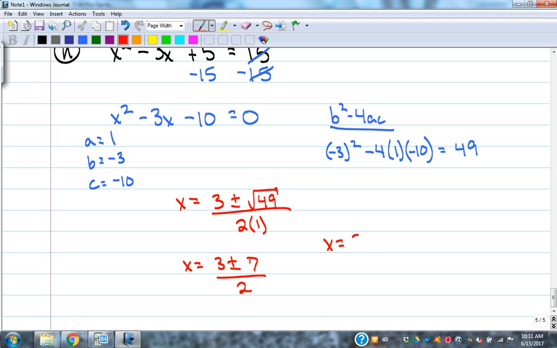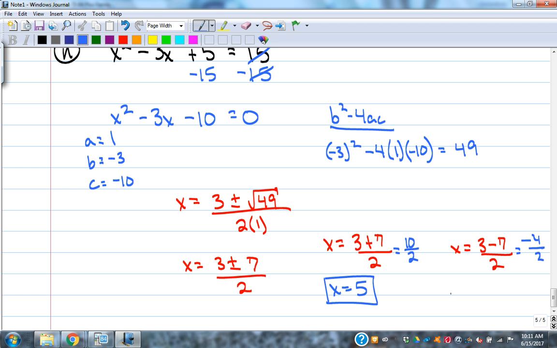We could have x equals 3 plus 7 over 2, and x equals 3 minus 7 over 2, and simplify those. Because that would be 10 over 2, and 10 divided by 2 is 5. Yay. And then 3 minus 7 is negative 4. Divided by 2 would be negative 2.